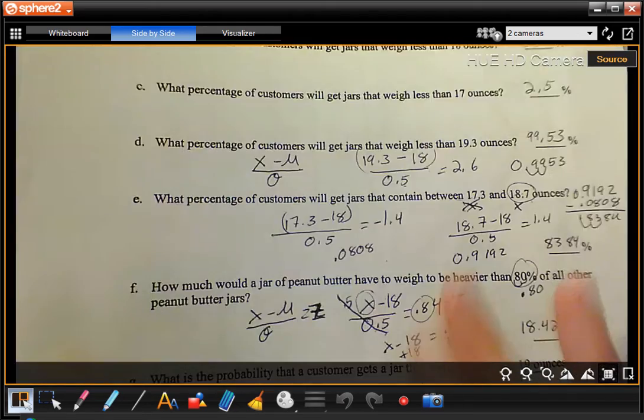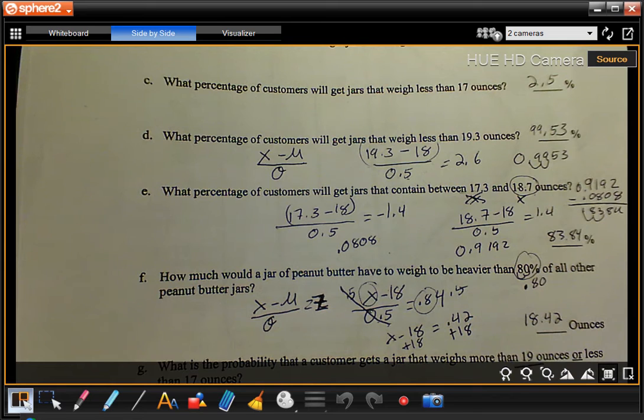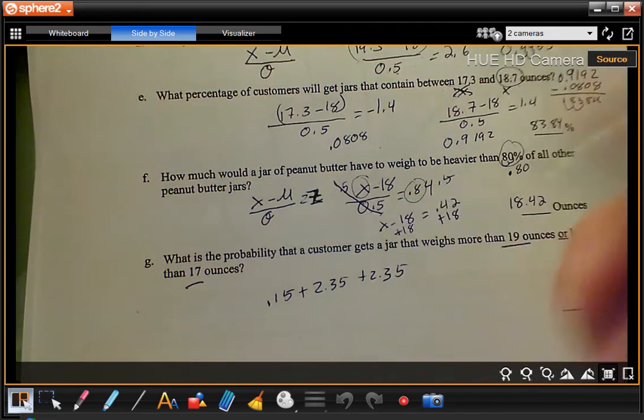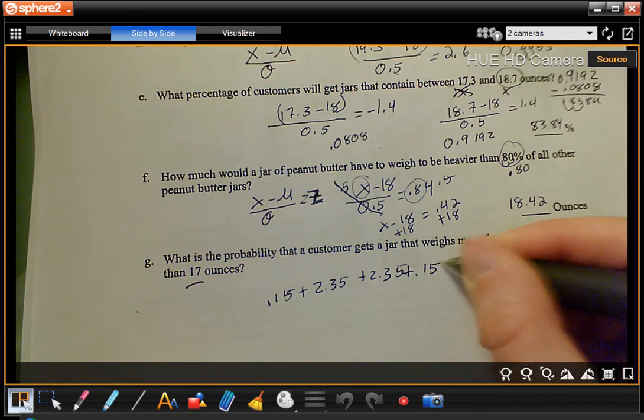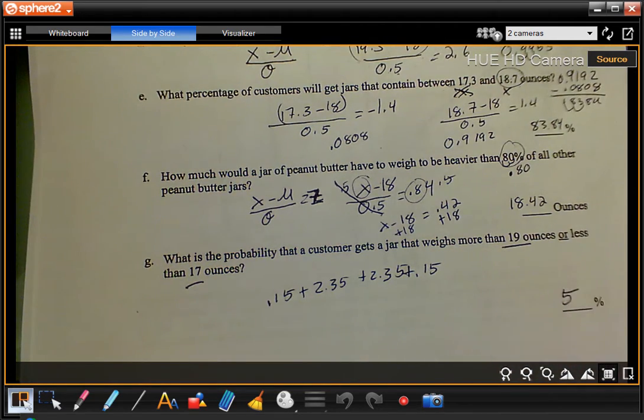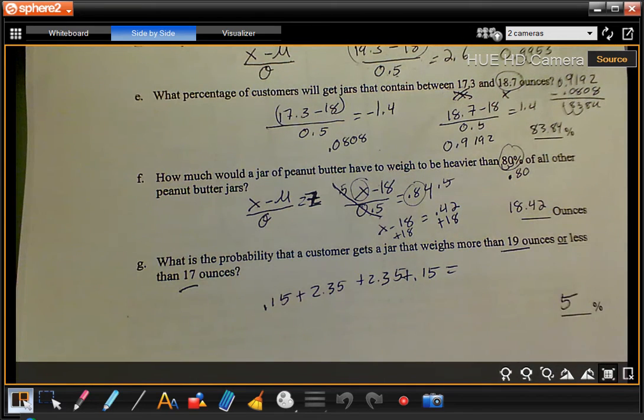So I'm going to add them all together. That's 0.15 plus 2.35 plus 2.35. Can't see it, sorry. Plus 0.15. And that gives us 5%. So 5% are more than 19 or less than 17 ounces.